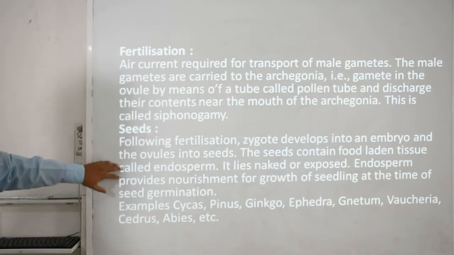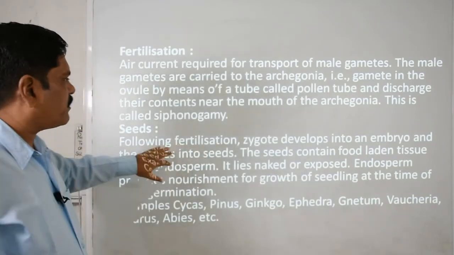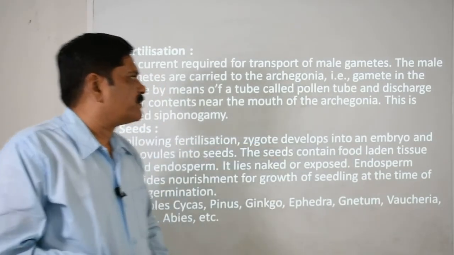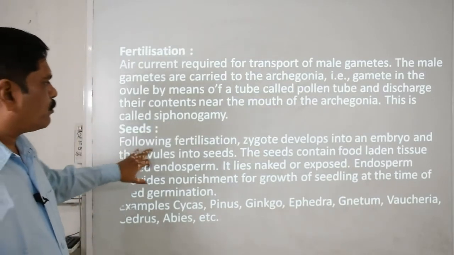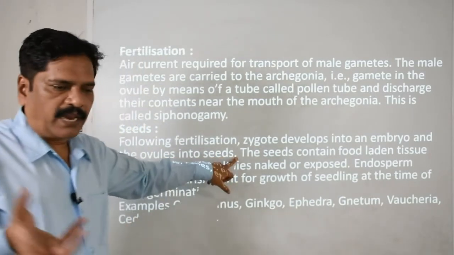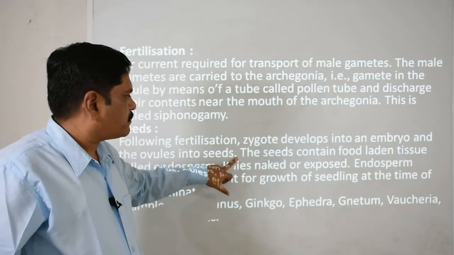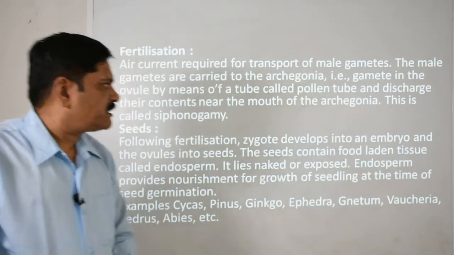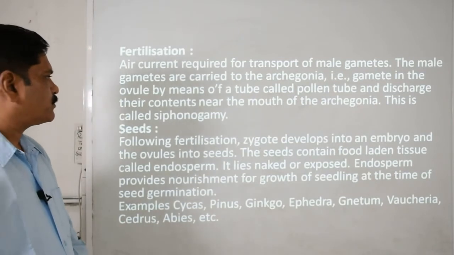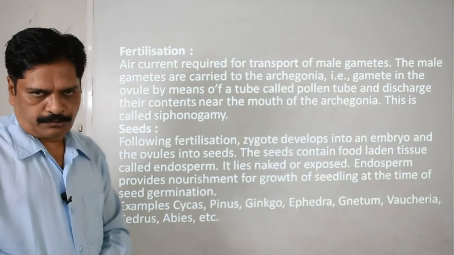Then we talk about the seed. After the fertilization, the zygote develops into an embryo and the ovules into the seeds, clear. That means the ovule will turn into the seed, and the seeds contain food-laden tissue, that is called the endosperm, okay.